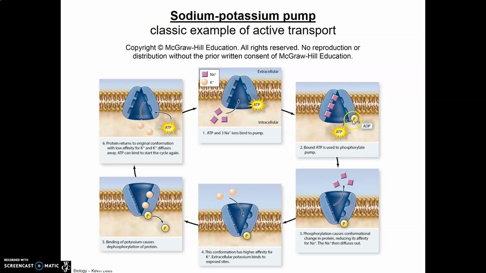This phosphate taken from the ATP phosphorylates this pump and activates it, right? When the phosphate is removed, or dephosphorylated, here, that's when the potassium ions are pumped in. So 3 sodiums are pumped out, 2 potassiums are pumped in.